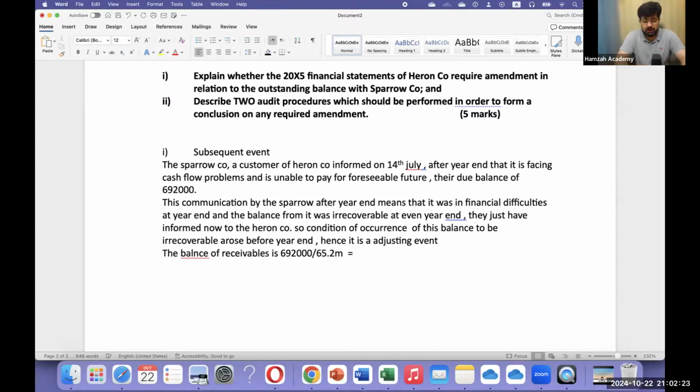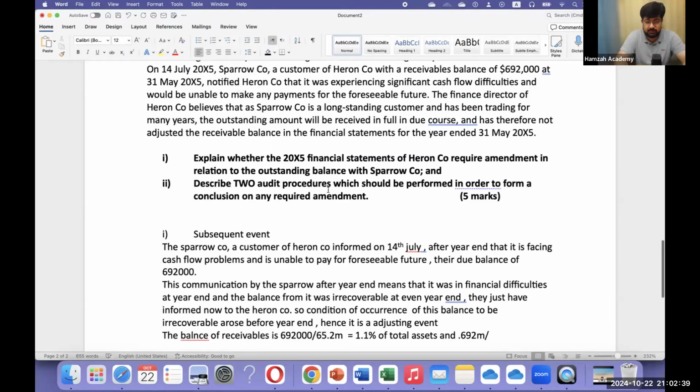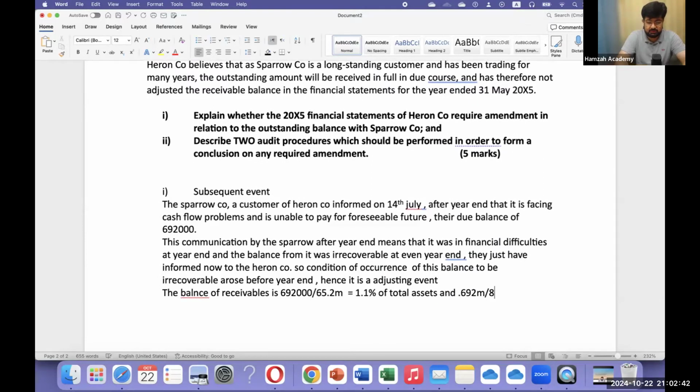That is equal to 1.1% of total assets, and 0.692 million divided by total profit 8.9 million is equal to 7.8% of its profit, and hence material to the financial statements of Heron Company.